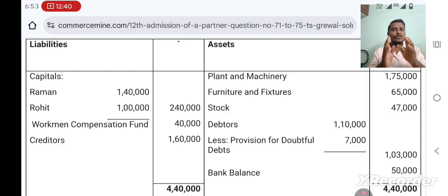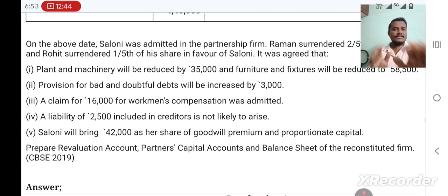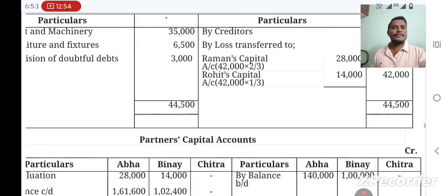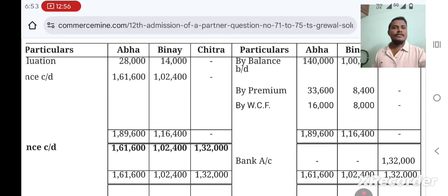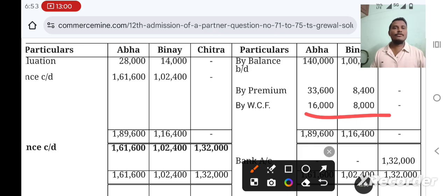So 40,000 reserve minus 16,000 claim equals 24,000. We split that 24,000 in the ratio of 2:1, 16,000 and 8,000. So here the workmen compensation fund is 16,000 and 8,000.